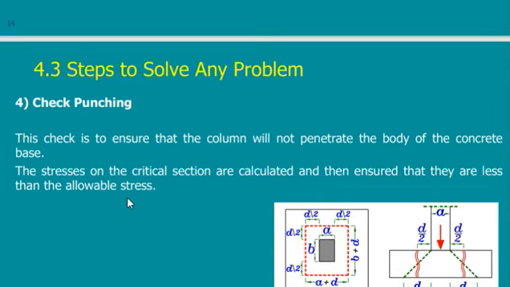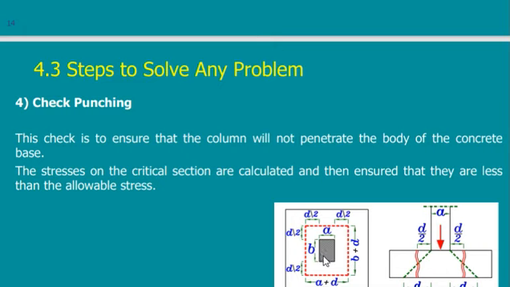We said punching is that we are going to push on the foundation to break it from inside, to shear it from inside. So this is the column that is pushing inside. What will be the critical section?